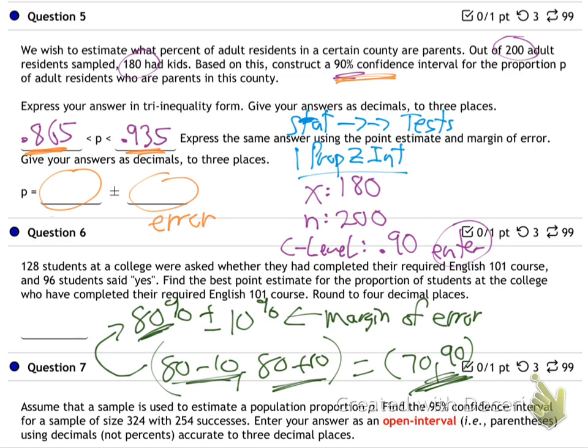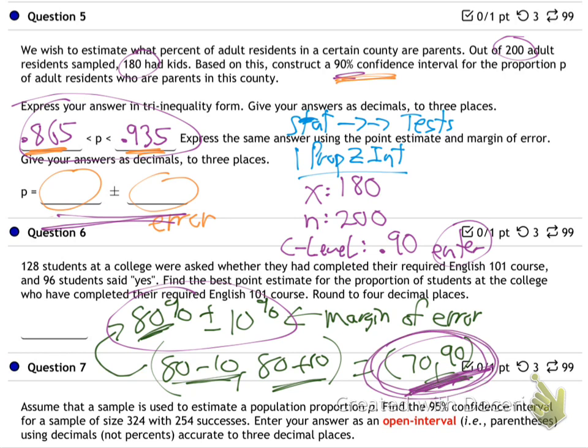We want to be able to work backwards from this kind of a statement, because that's what we have right here, back to this kind of a statement, because that's what they're asking me for. So how do you go backwards from 70 to 90 back? You've got to find the 80 first off. What could you do? You guys tracking with me?